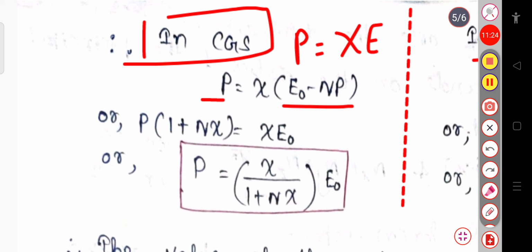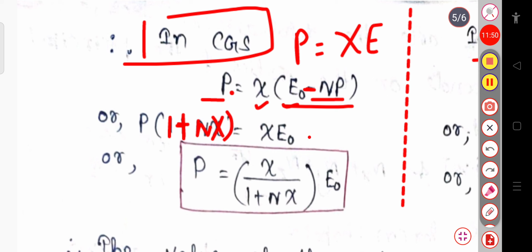So this is your P, and here also the P term is present. If I take this chi into minus NP term to the left hand side, then P whole into 1 plus, this negative sign becomes a positive sign, N into chi, equals chi into E naught.